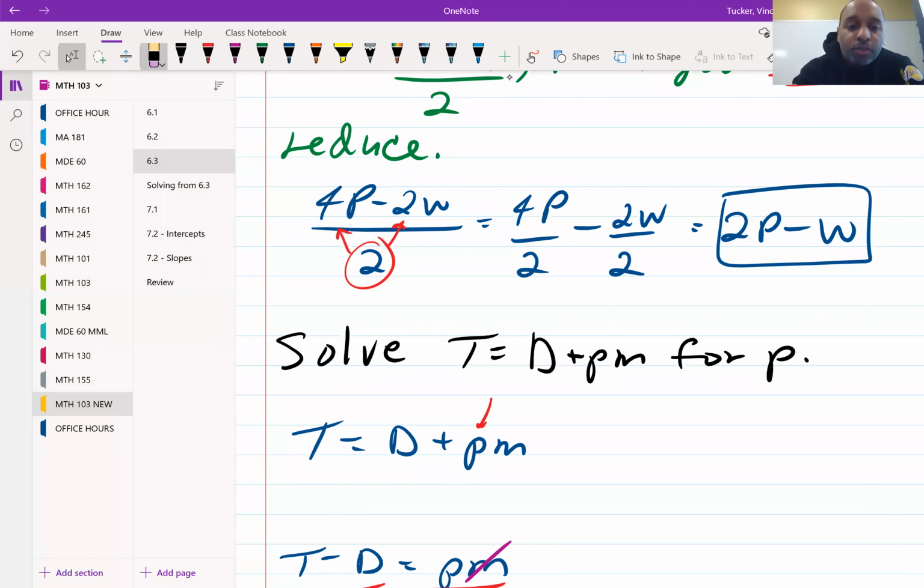So you do have to hold true to any capital letters that they give you and any lowercase letters that they give you. Once again, we have capital T and capital D, lowercase p and lowercase m. Our goal is to solve for P, so we want to set P by itself. First move is to subtract D from both sides.